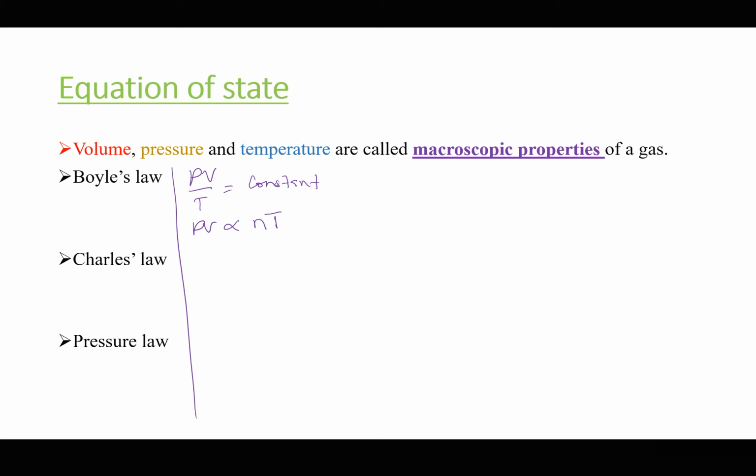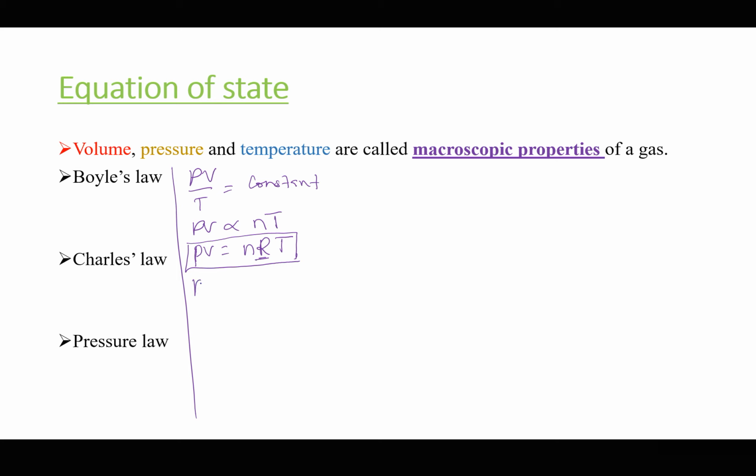So let's now introduce the constant of proportionality. Then it means PV is going to be equal to n times the constant of proportionality R times T. The question will be, what is this R? By the way, before I go any further, the equation PV equals nRT is called the equation of state, or the ideal gas equation.